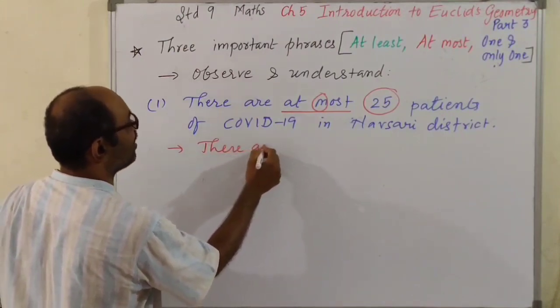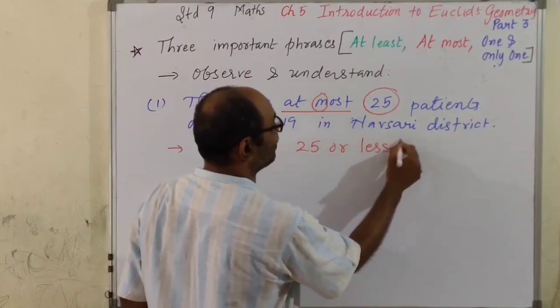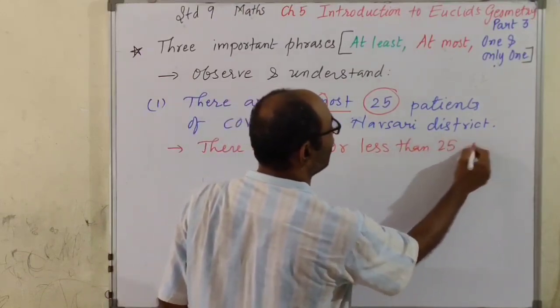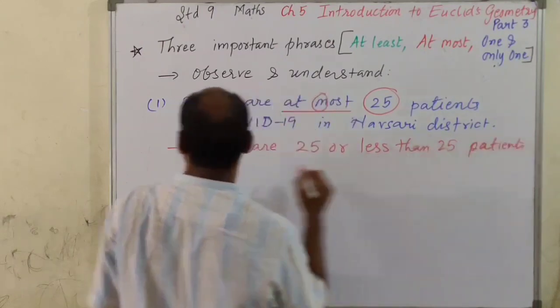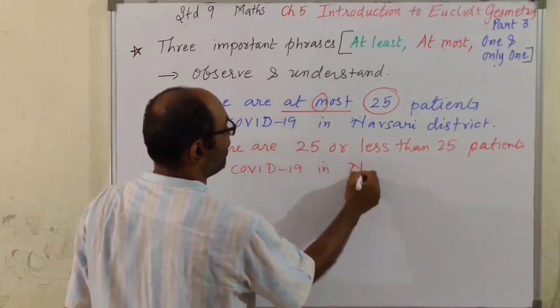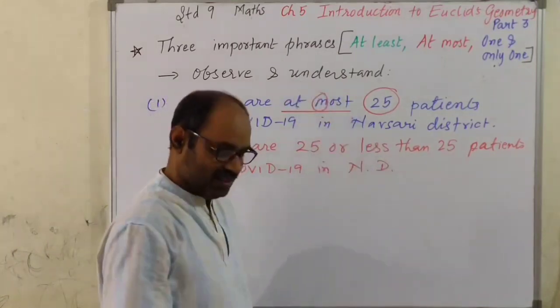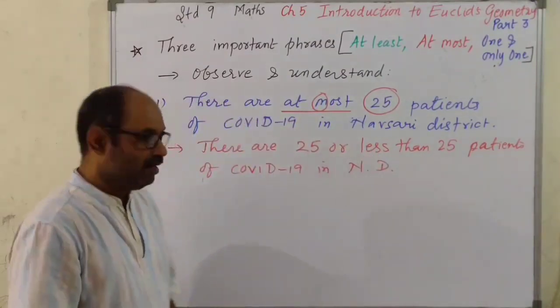There are 25 or less than 25 patients of COVID-19 in Navsari district. Is that okay? I have written in brief.